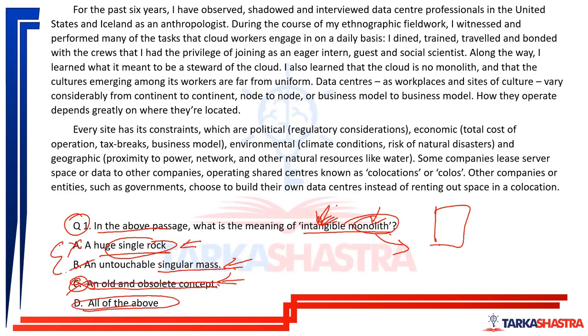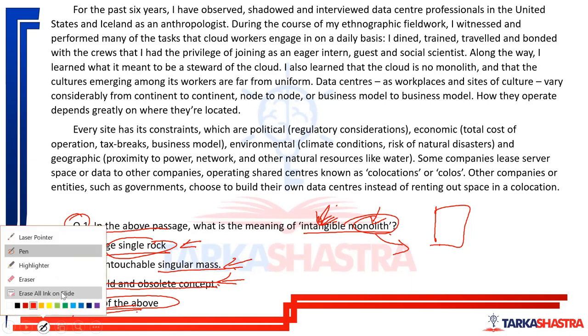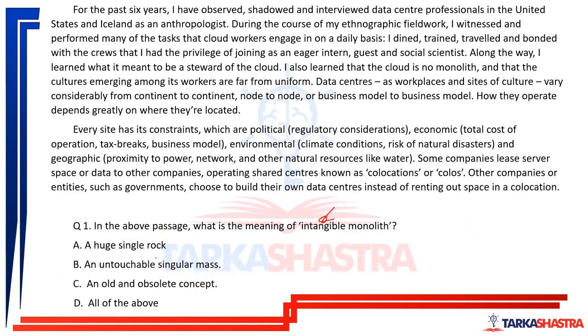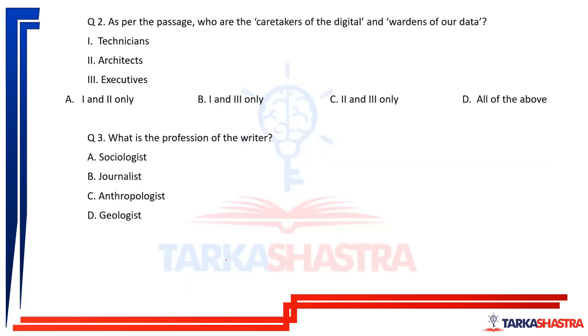D says all of the above, and since C is not right, D cannot be right. So the most likely answer is that intangible is untouchable, and monolith is a singular mass. That is the idea.